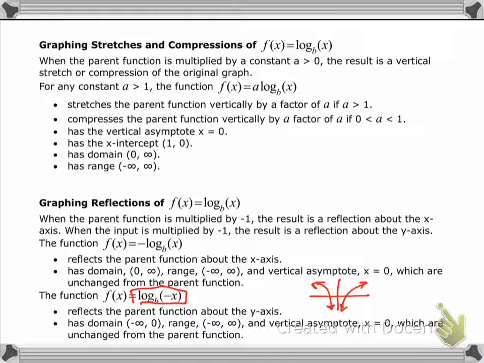Instead of going from 0 to infinity, it's going to be negative infinity to 0. The vertical asymptote, if you haven't shifted it horizontally, will stay at x equals 0. Take some time to read over these. There's a lot of information, but you know most of it, and we're now just applying it to a different type of function, the log functions, all right?